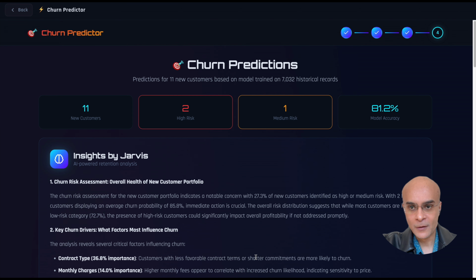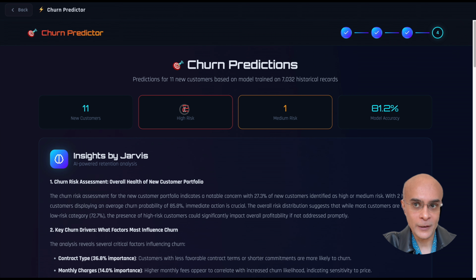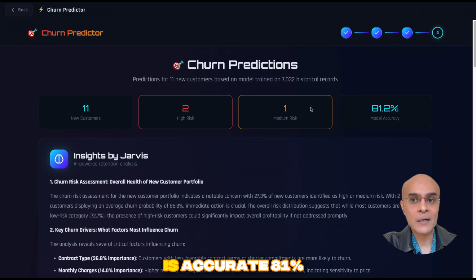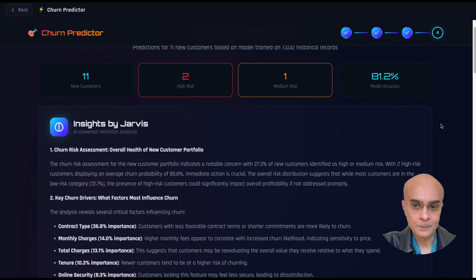So here we have the results. We had 11 customers, and it has predicted that 2 are at high risk of churning and 1 is at medium risk of churning. And this model is 81% accurate, which is a very good accuracy. So now you know that you have to do something for these 3 customers, otherwise you're going to lose revenue.